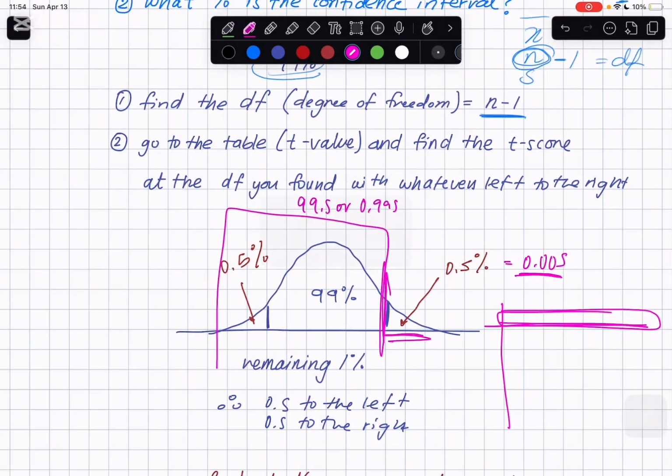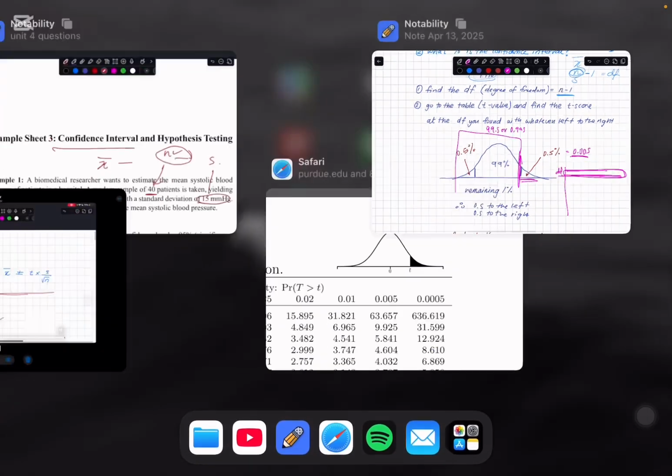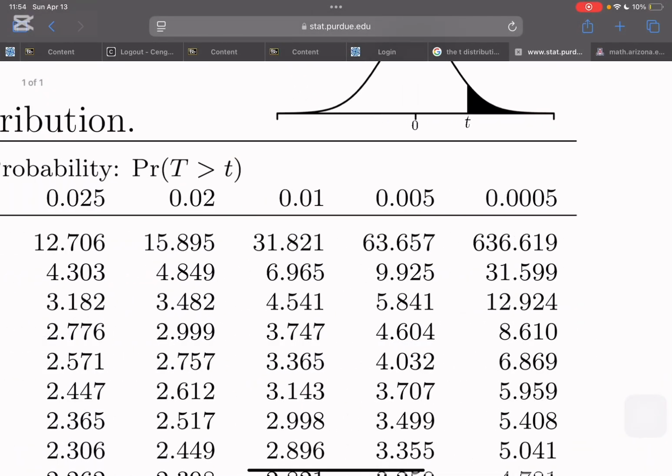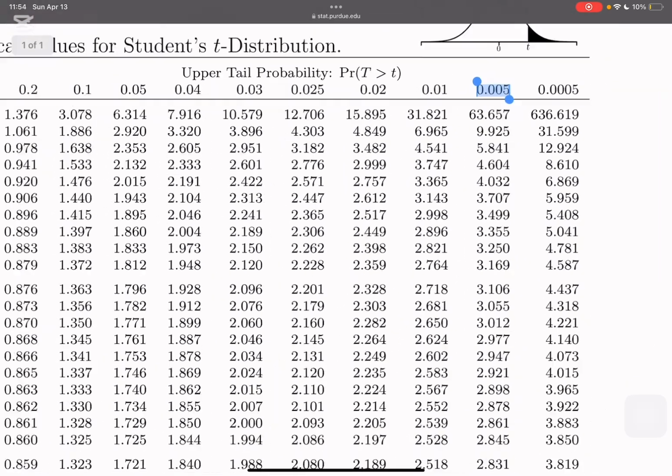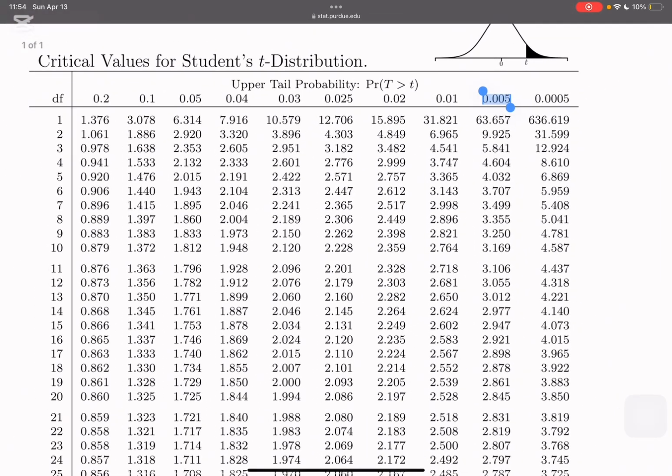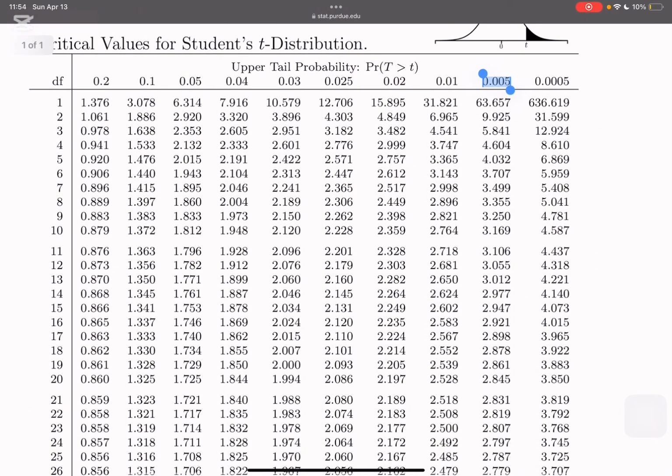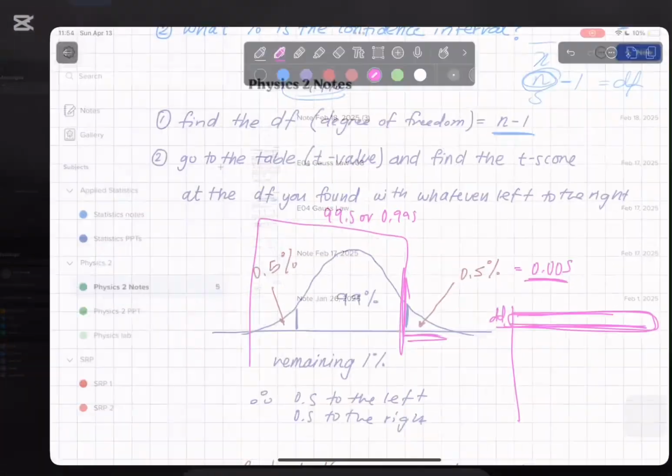We have the degree of freedom that we found, and now we have the value over here. So we're going to go back to the table and look for 0.005. Say the degrees of freedom is 24, we found it because the sample is 25, and we found the upper tail probability, which is 0.005. So we're going to look for it, and it comes out to 2.797. So this is how you get the t.